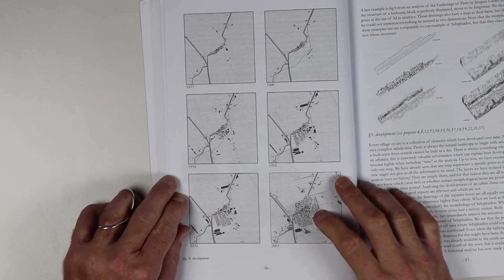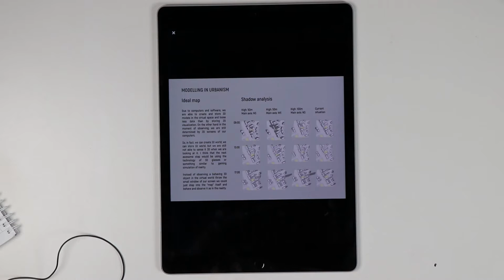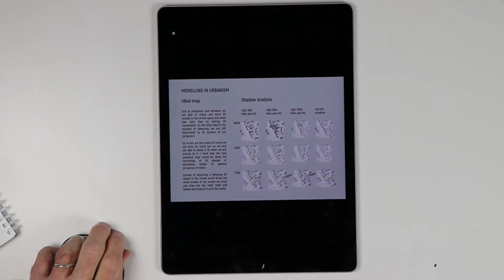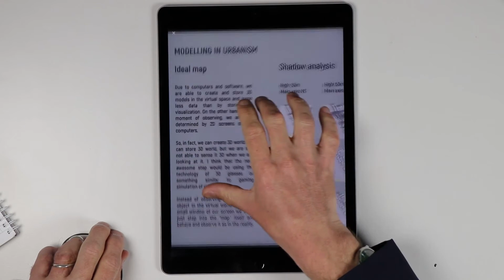Now let's see what you have come up with. This contribution is by Karolina Kopečka. And what we like about her contribution is what she says about the ideal map.